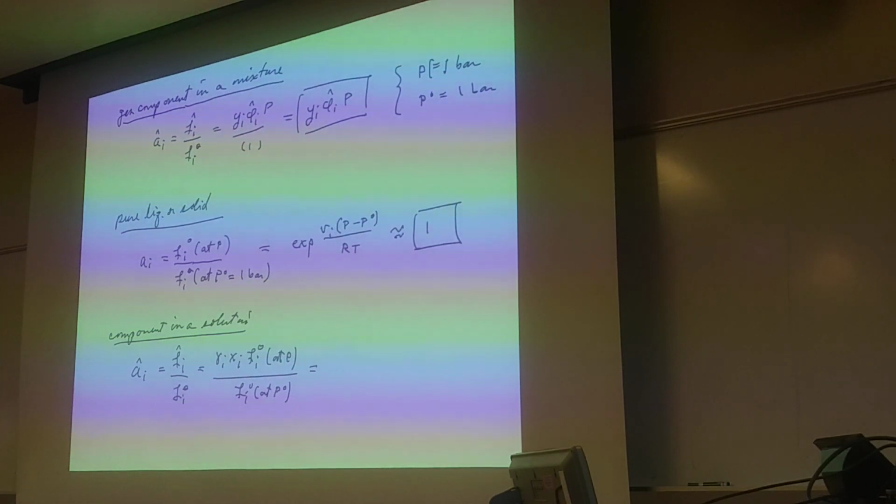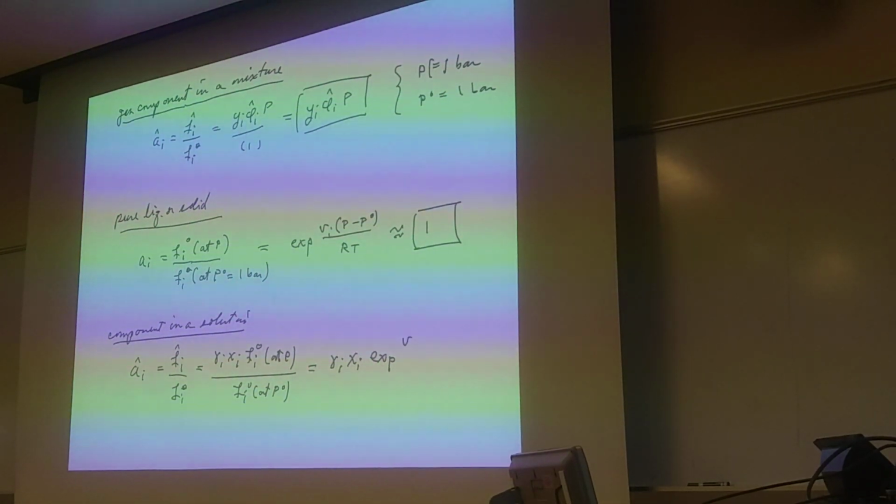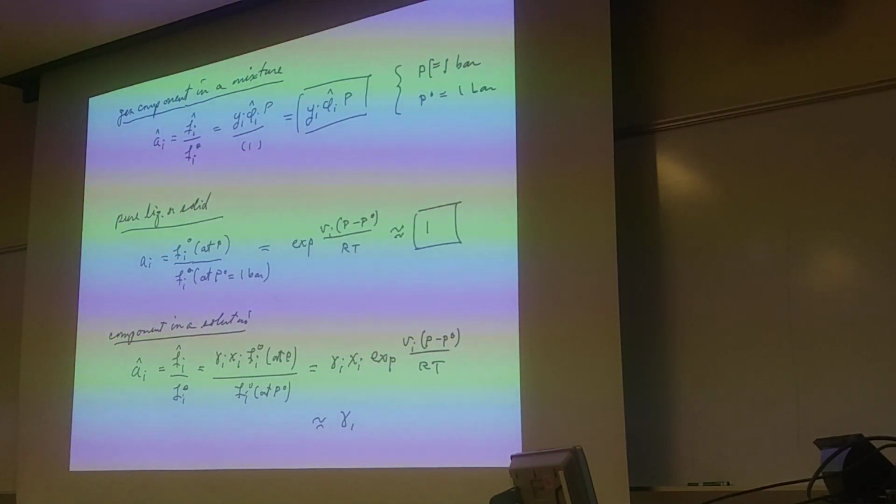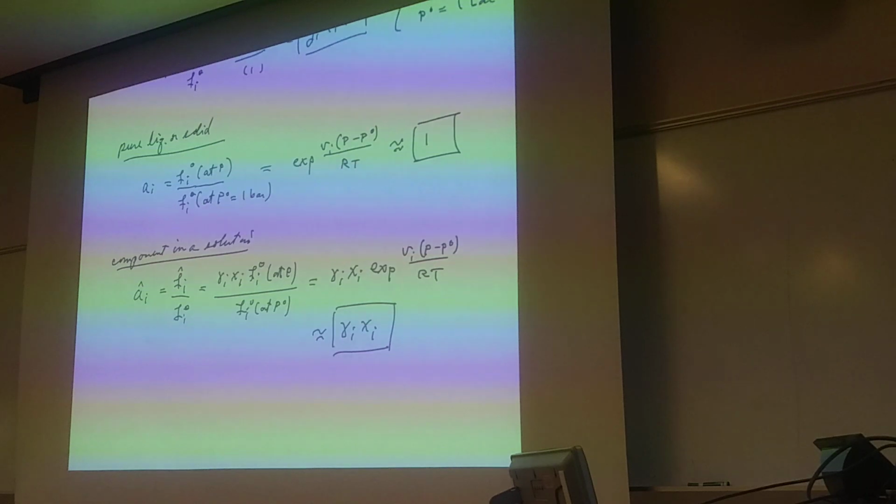So what I end up with is gamma i xi times the Poynting factor, with P0 being just 1 bar, and this is, for all practical purposes, just gamma i xi. So there's the activity of a component in a solution. It's just the activity coefficient times the mole fraction.